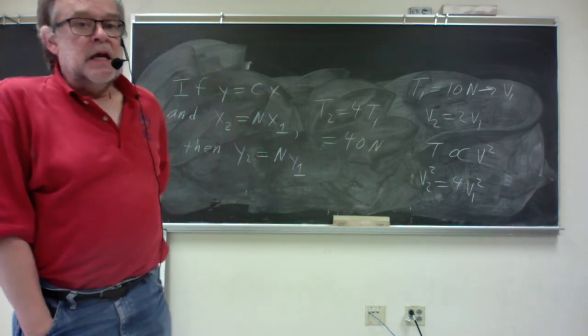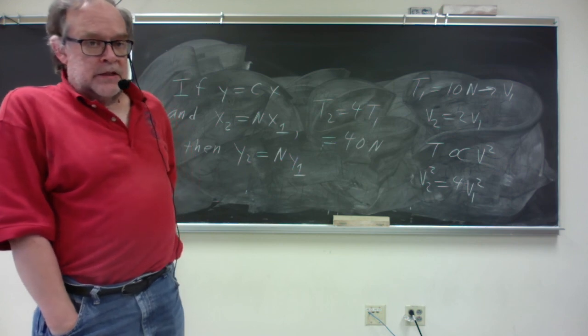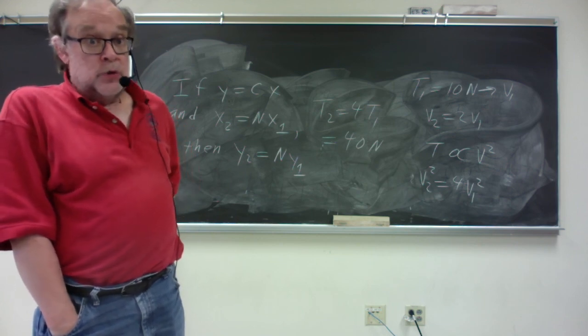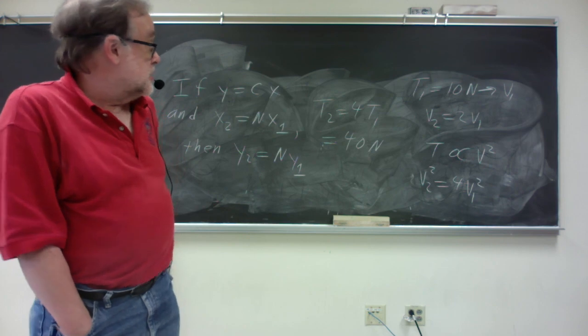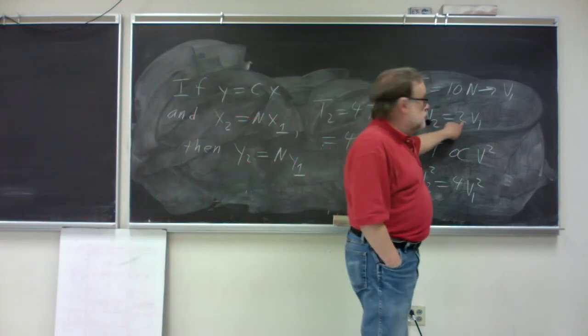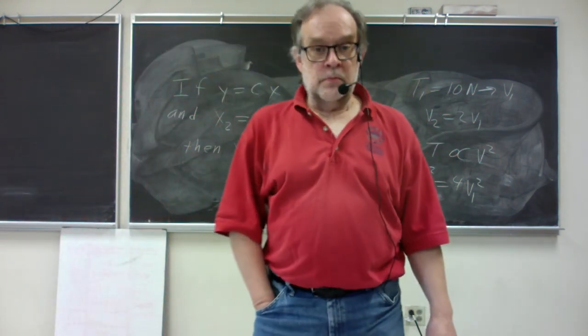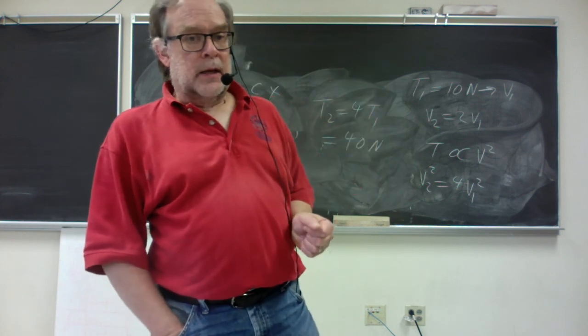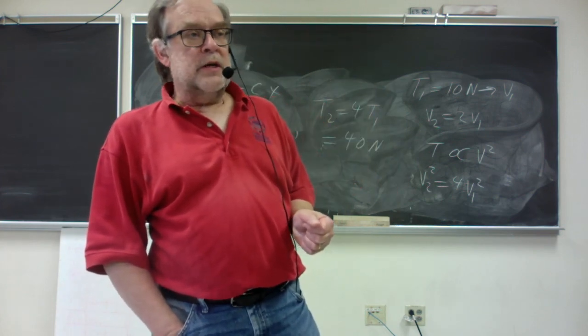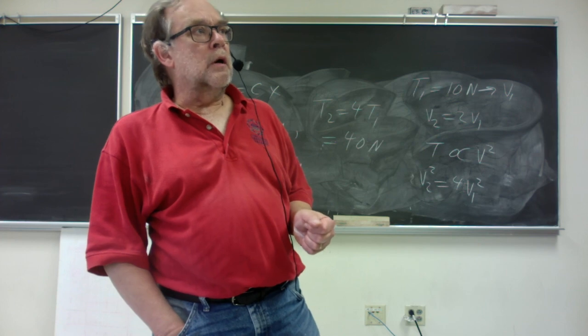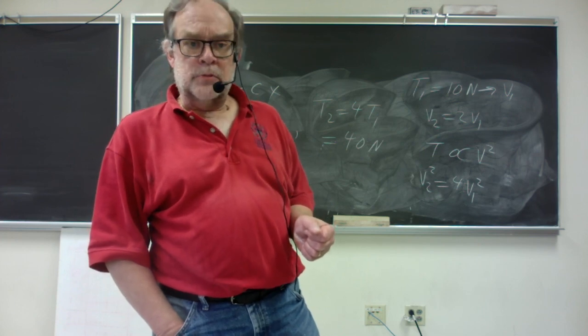There's a tendency, even when you know better, to jump to a conclusion in a situation like this. You see this 2, so you're thinking about doubling, and it's very easy to jump to the conclusion, speed doubled, therefore tension must double.